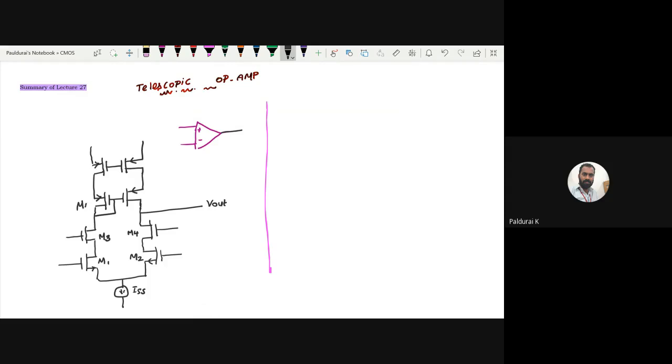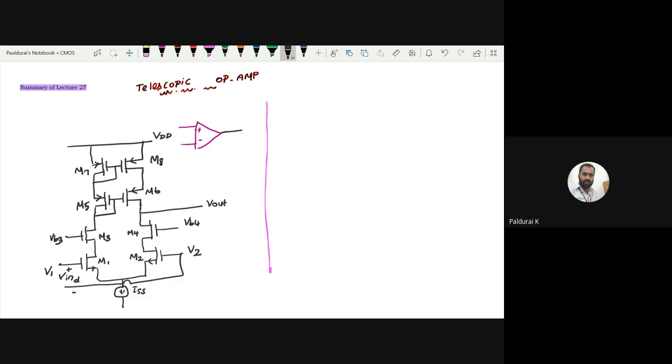Let me call them M5, M6, M7, M8. They must be connected to VDD. So here only one output. This is my proper biasing. Let me call this VB3 and this is VB4. And here we will give input 1, input 2, and this is my differential input Vin differential plus, minus.